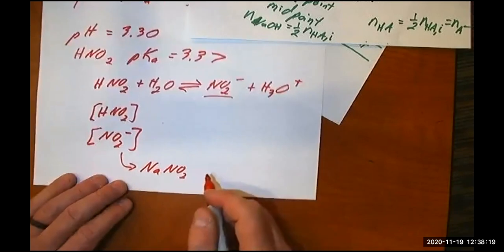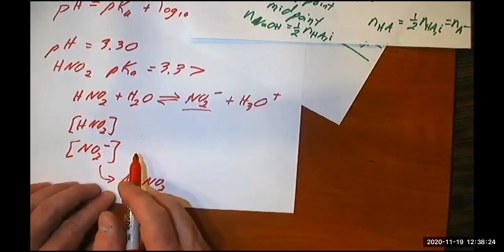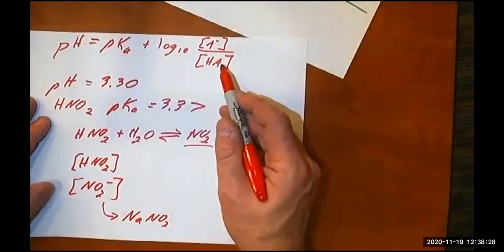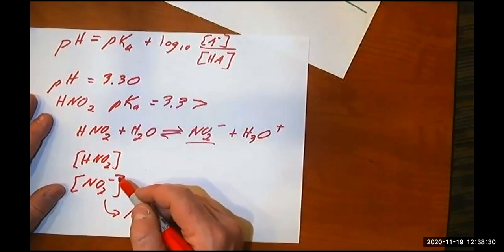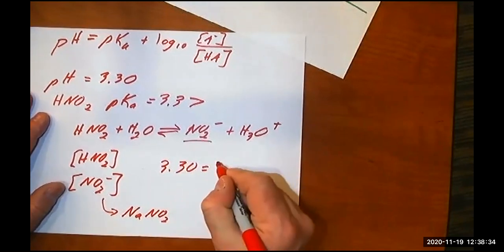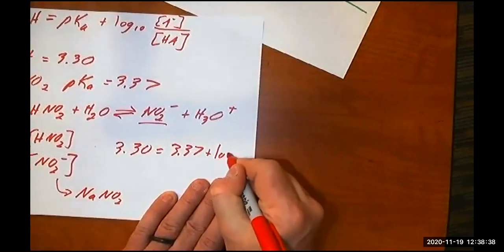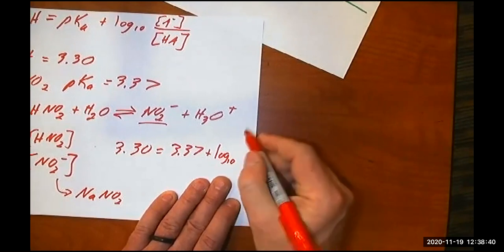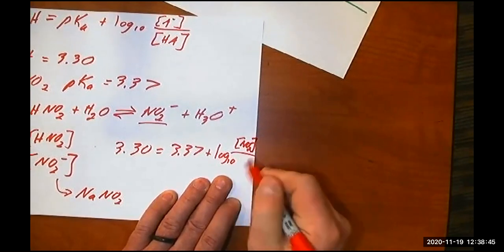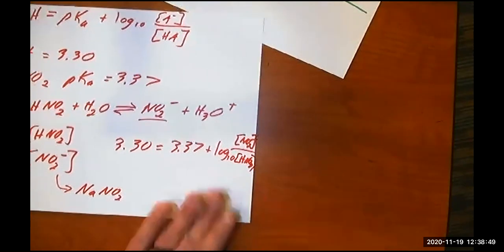So what this means now is if we look at our Henderson-Hasselbalch equation, we know something about this ratio. So 3.30 equals 3.37 plus log base 10 of NO2 minus over HNO2. Ran out of space.